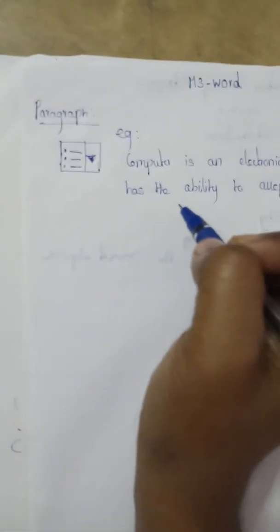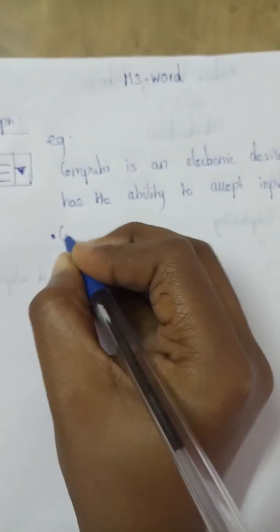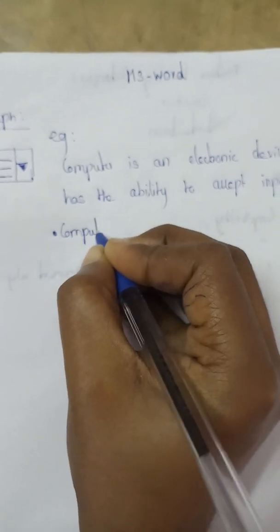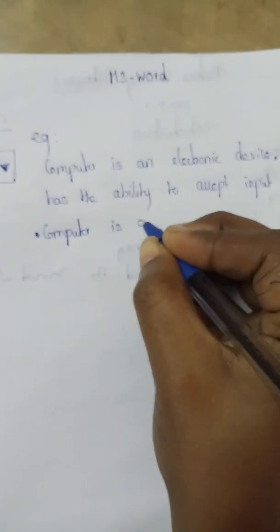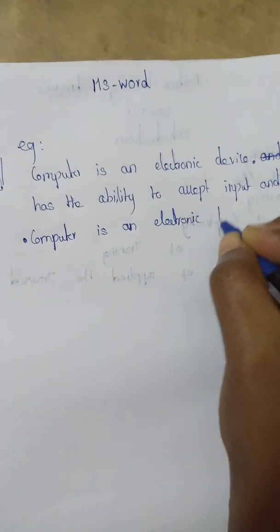If I want to split this paragraph, I can use this bullet icon. First I need to select this paragraph and then click this icon. So it will become like this: Computer is an electronic device.